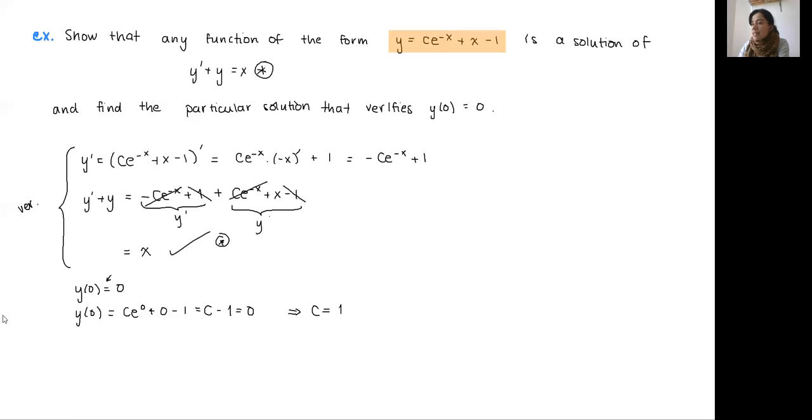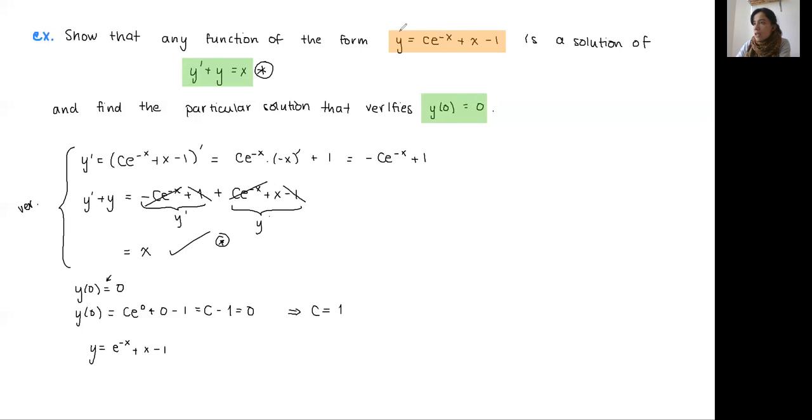1. Right? And what this tells me is that if I want to have a function that is a solution not only of the differential equation that I have here, but also of the initial condition that I was given here, then my function needs to be equal to y has to be equal to 1 times e to the minus x, which is just e to the minus x plus x minus 1.